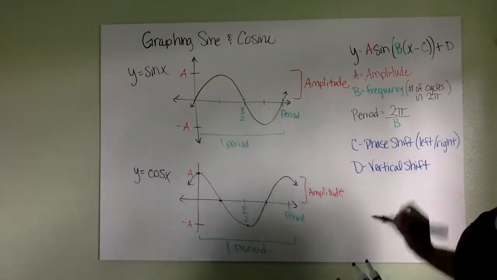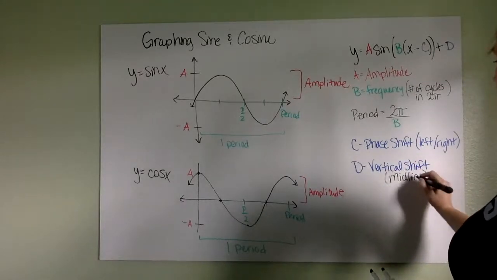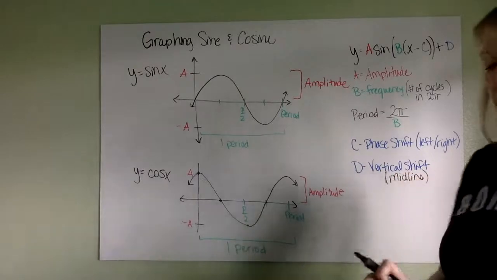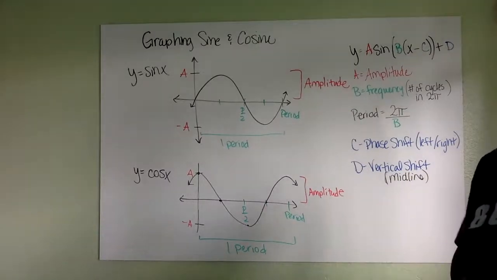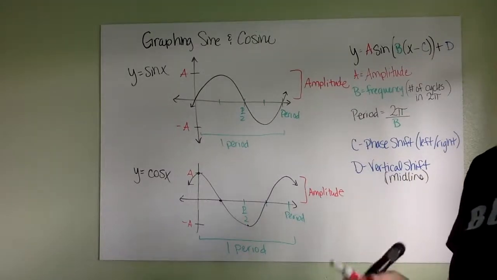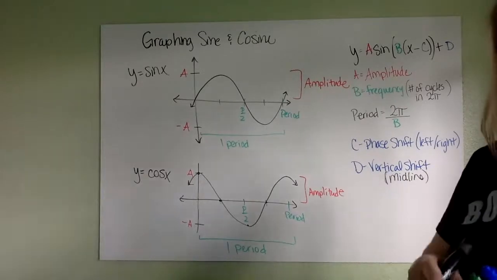And we call D the midline. So the midline, the vertical shift value, acts as the x-axis when we graph a function with a vertical shift. So we'll look at that in just a second with an example.